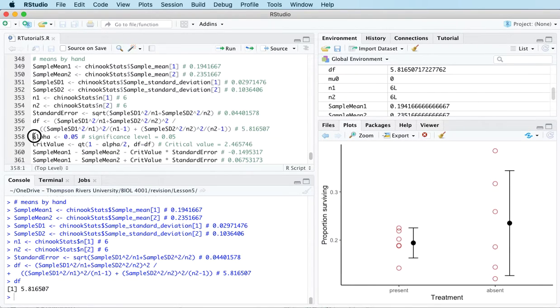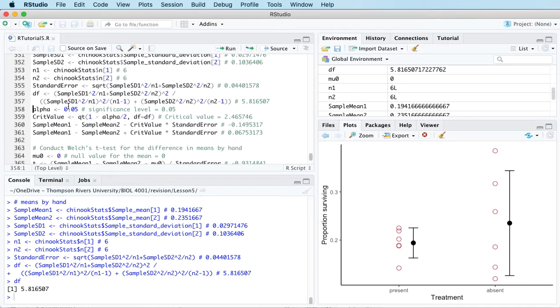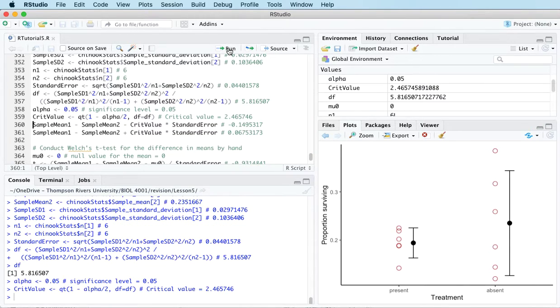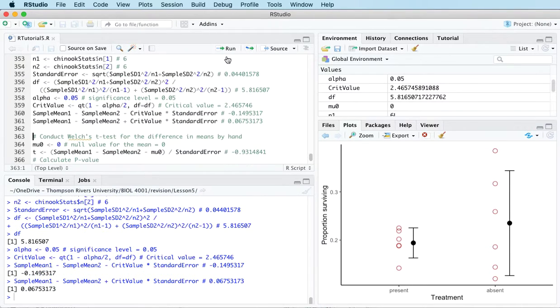Okay, so the rest is the same as it always is when we're calculating a confidence interval. Figure out what alpha is. So for a 95% confidence interval, alpha is 0.05. Figure out the critical value, and then the lower bound of the confidence interval is given by the difference in the sample means minus the critical value times the standard error, and the upper bound is given by the difference in the sample means plus the critical value times the standard error.